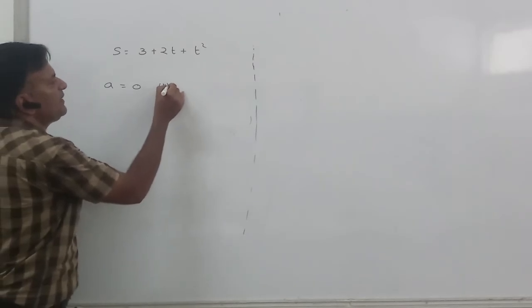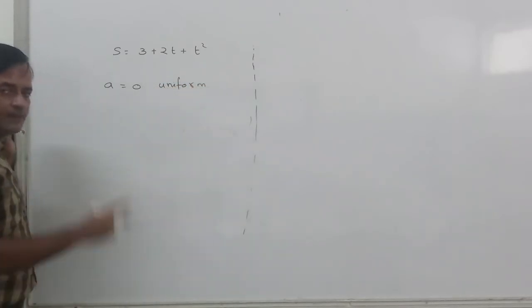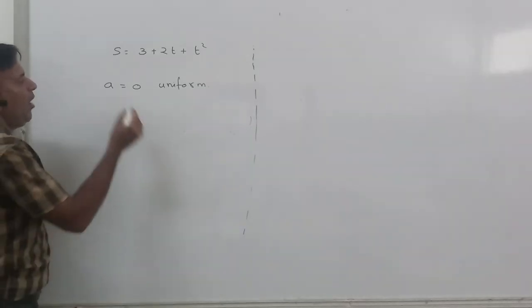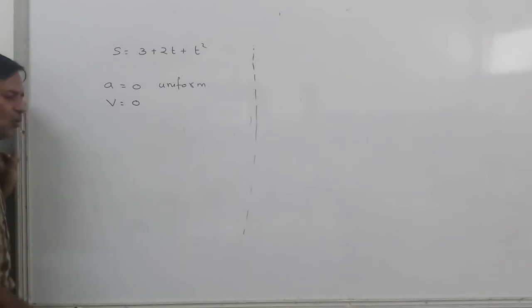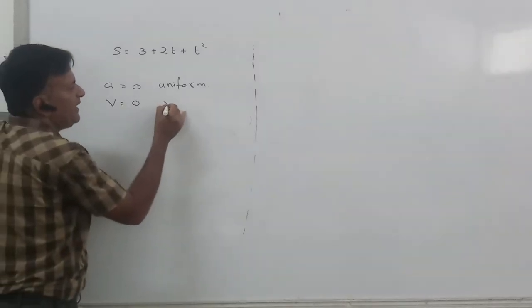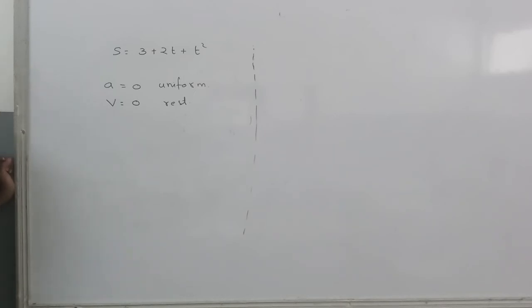That means the motion is uniform motion. Now, if the speed of the body is equal to 0, very simple, the body is at rest.